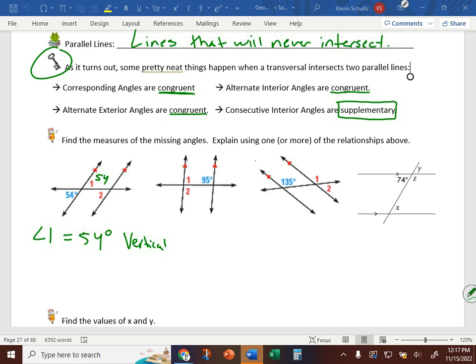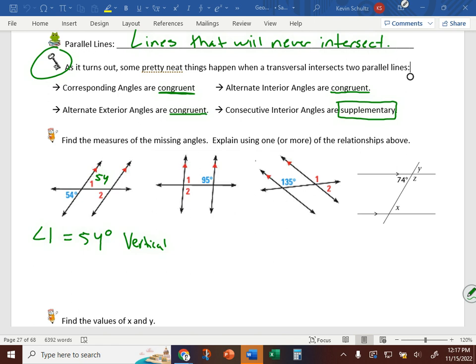Therefore, they are congruent. We've talked before about how geometry is like a puzzle. It all has to fit together. There are multiple ways that we can get either angle here. We could have solved for angle 2 first with corresponding angles and then solved for angle 1 with alternate interior angles.